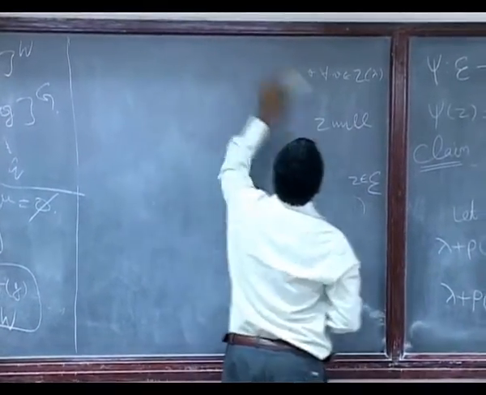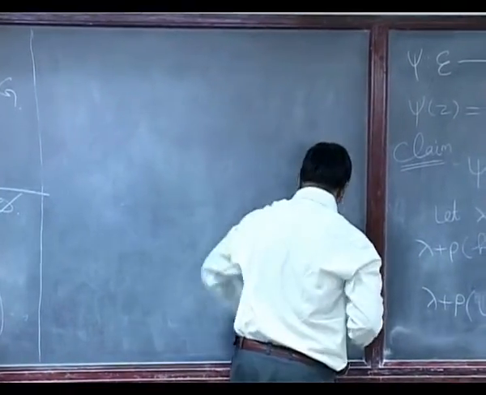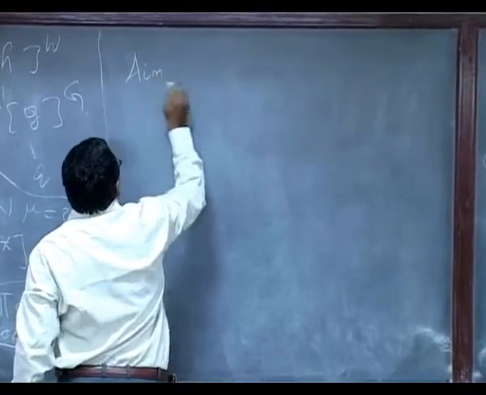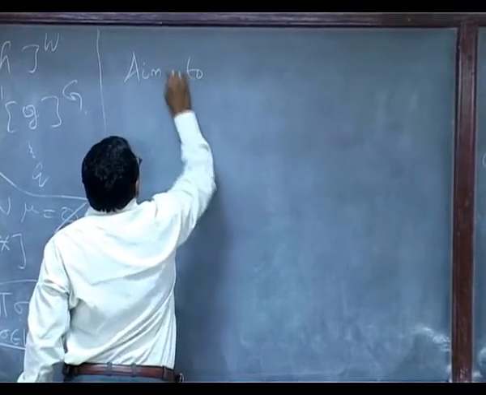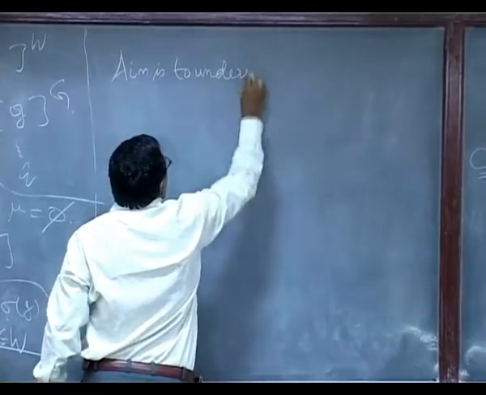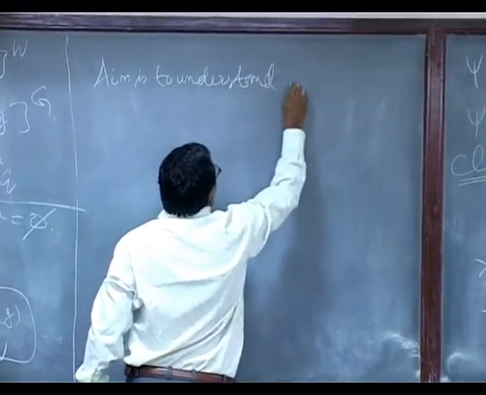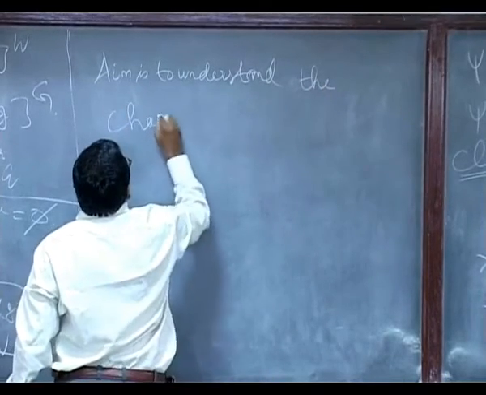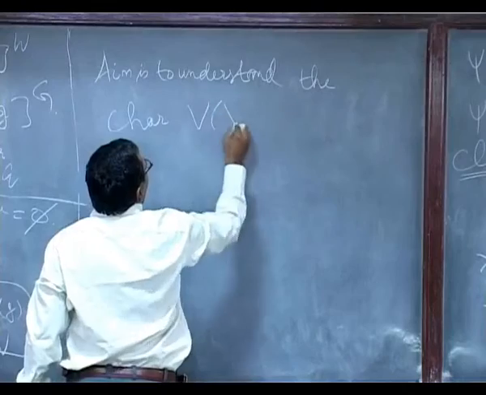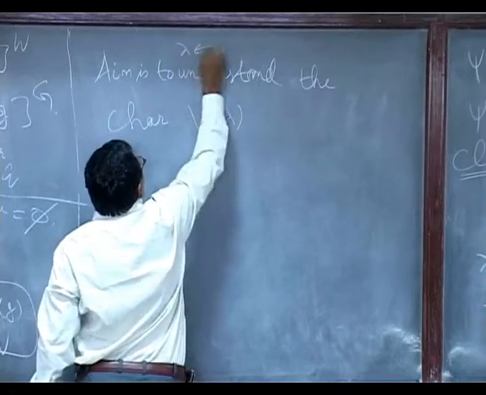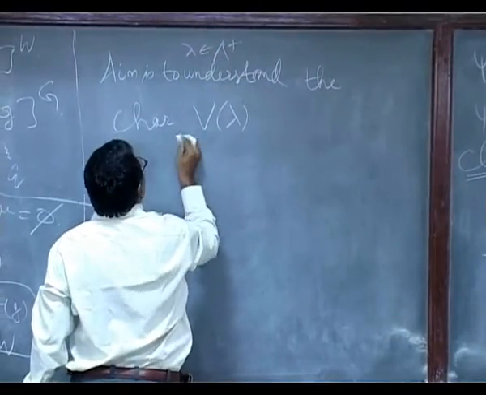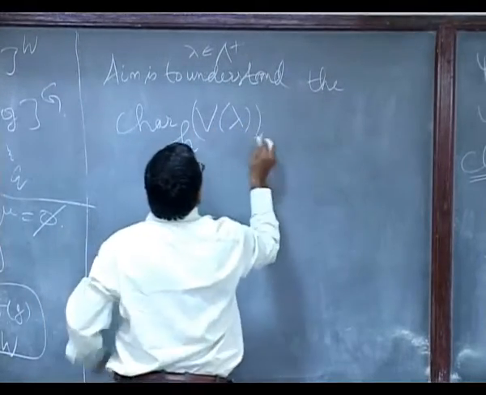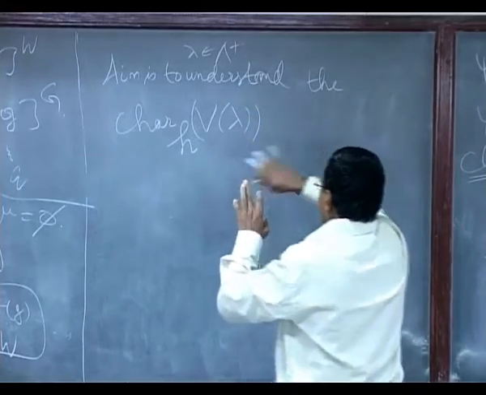Okay, so now the aim is to understand or study the character. Let lambda be a dominant weight, the character of this module to the H. So think of V lambda as an H module.